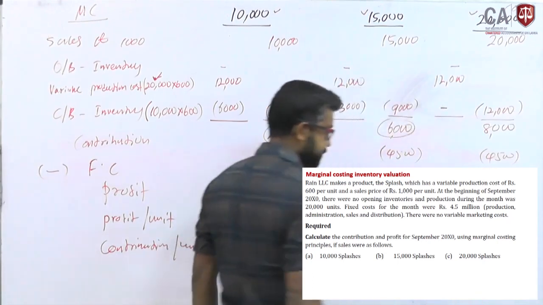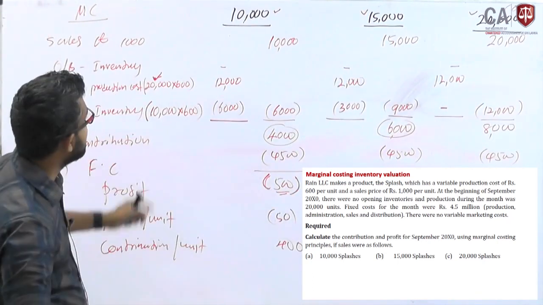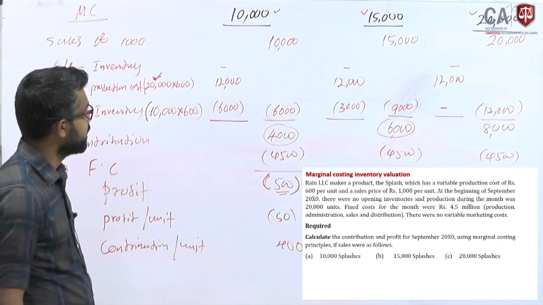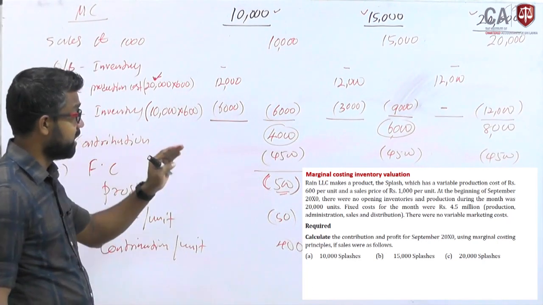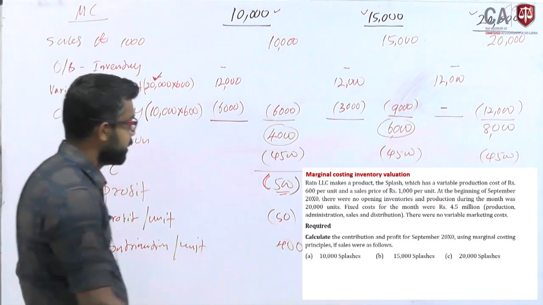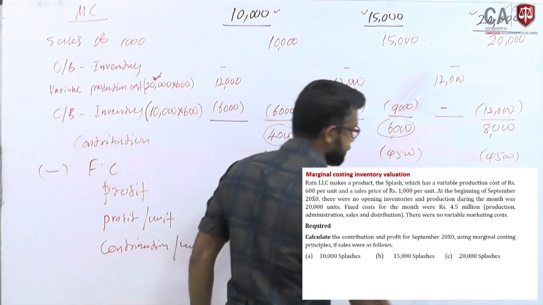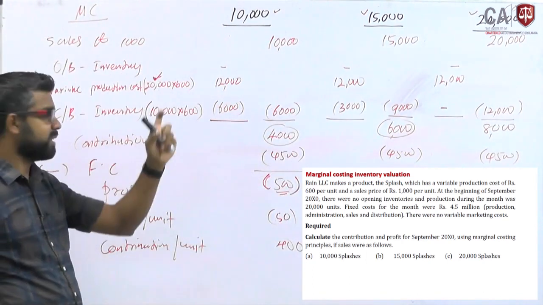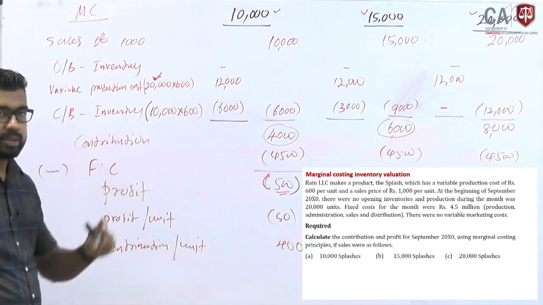What is the observation? When the activity level increases, when sales increase, the profit per unit increases according to marginal costing.